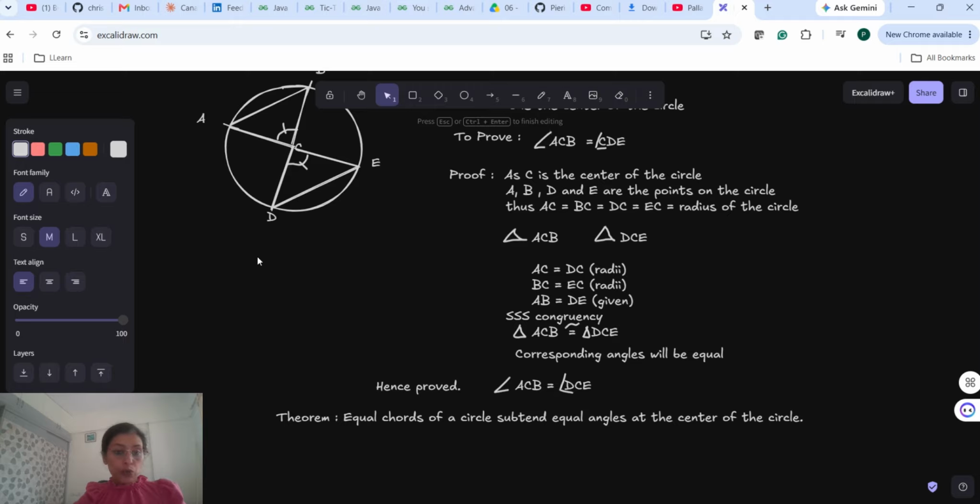The opposite will be, we are given two chords. We don't know whether they are equal or not, okay? But we are given that the angle that they make at the center, the angle subtended by them at the center, are equal. Okay, so what we need to prove in this case is that the two chords are equal.